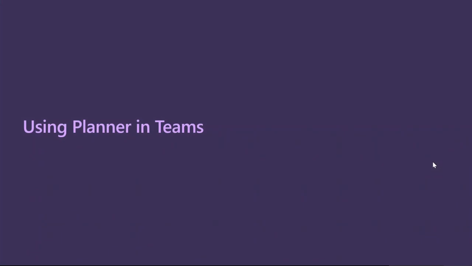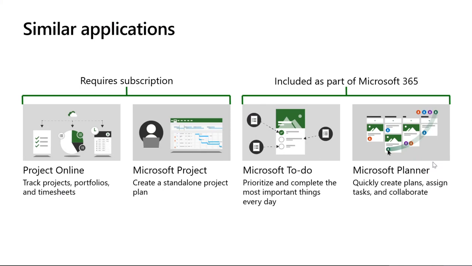So first up, we have Planner. Planner is just one of the task management apps that Microsoft provides. At a glance, it can appear that all task management apps do the same thing, but they actually have different objectives. Project Online, for example, is a web-based application whereby project managers can create schedules and assign tasks and enable portfolio managers to see what people are working on.